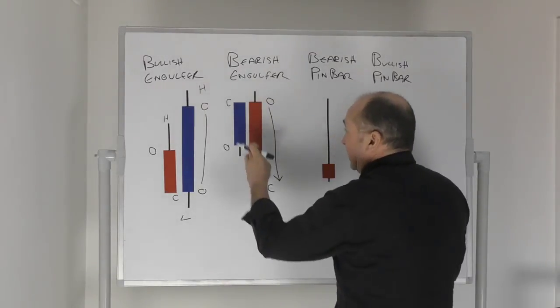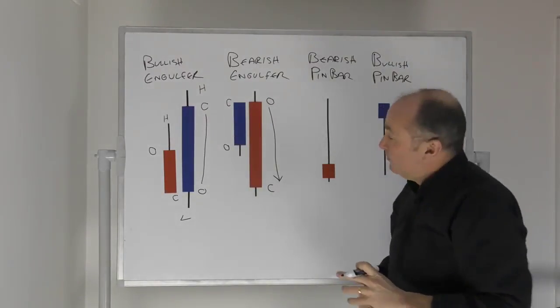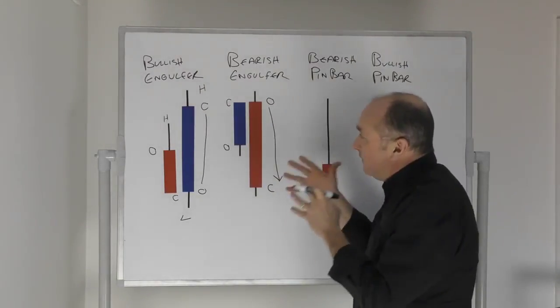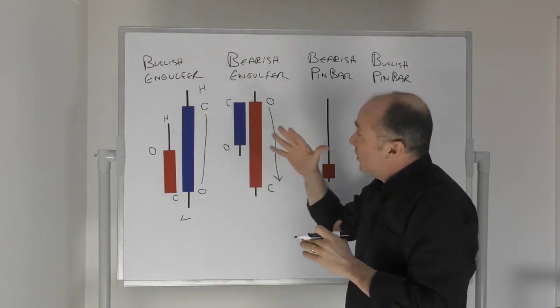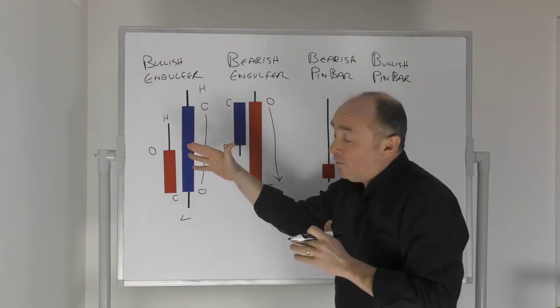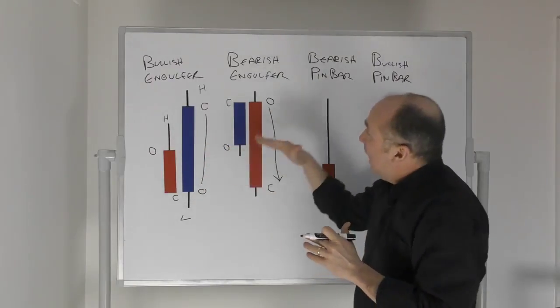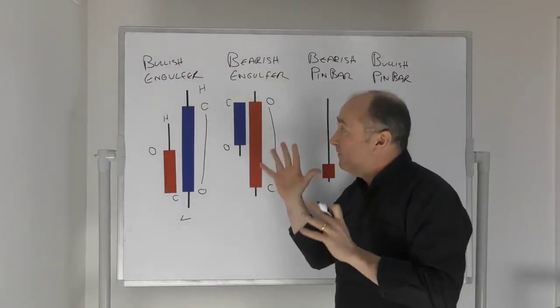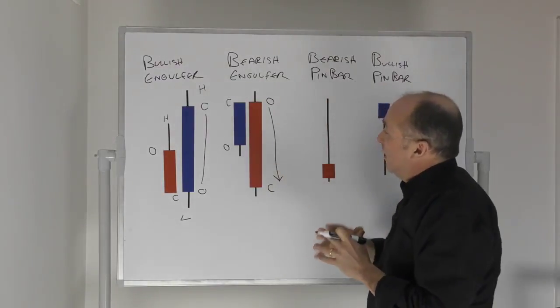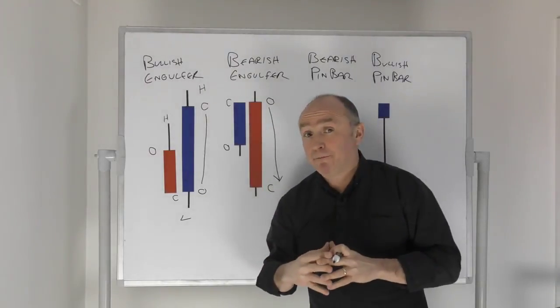Hence the red candle completely engulfing the previous candle. This shows you a very, very powerful turning point at the top of an uptrend. So we're looking at bullish engulfing patterns at the bottom of downtrends and bearish engulfing patterns at the top of uptrends. Very powerful, they form a big level of significance in our naked trading strategy.